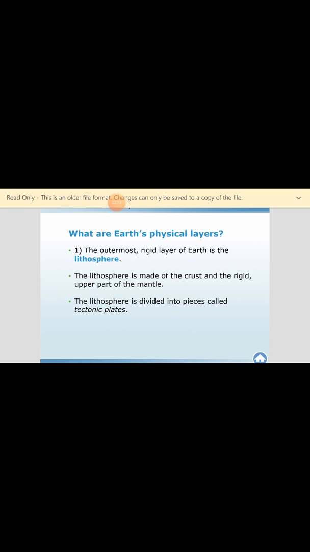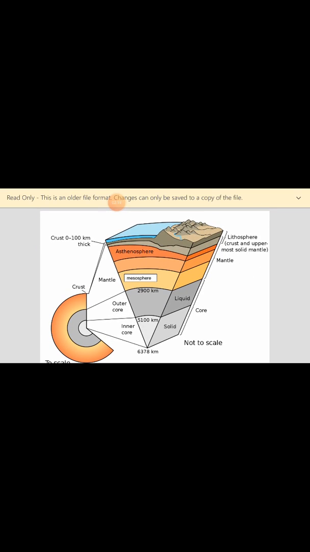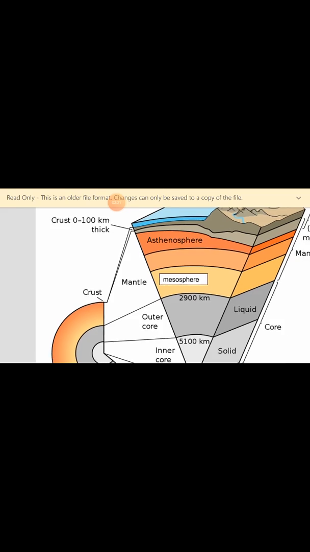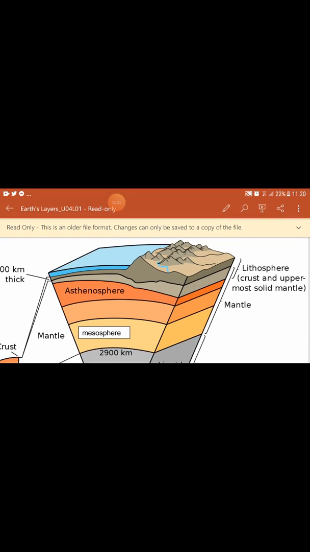So it is not only the crust. As what you see here, this is the lithosphere. They wrote it here. It includes the crust and the uppermost solid mantle layer. The upper part of the mantle, it's solid. It is included in the lithosphere.